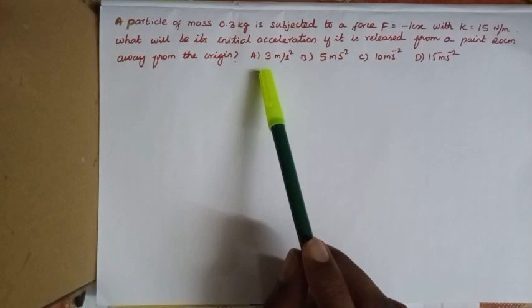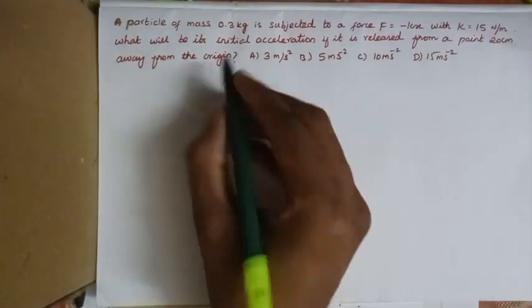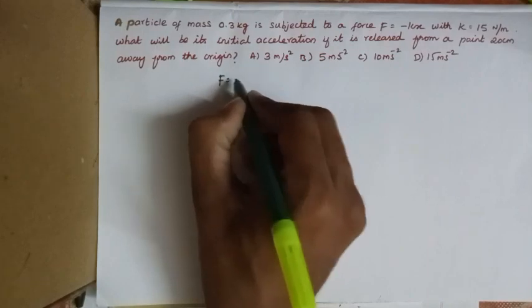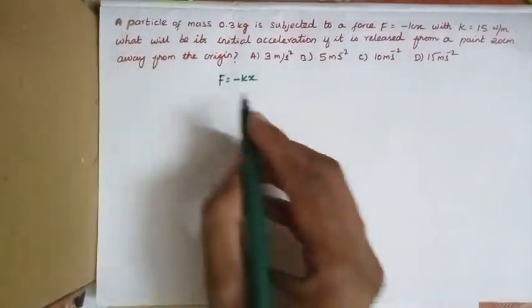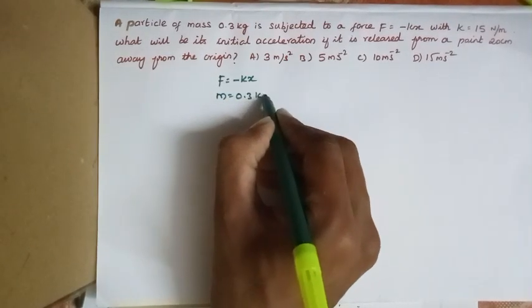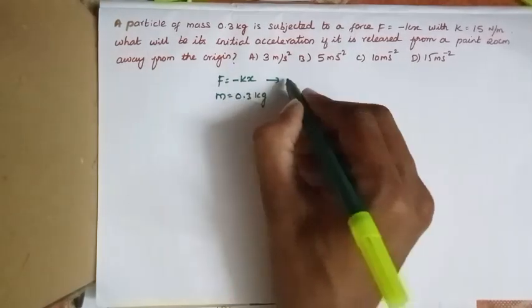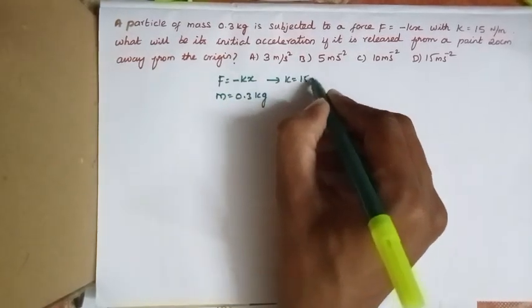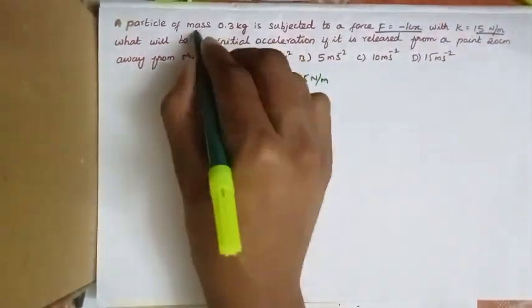A force relation is given, F equal to minus k times x, the mass of the particle is 0.3 kilogram, and k is 15 Newton per meter. So all these values are in the question itself.